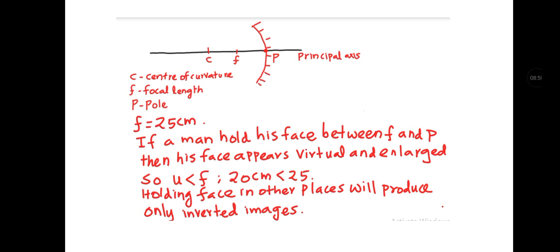So the only option is, the man should hold his face in between F and P. Then only the image will be upright and virtual. Then he can use the concave mirror for shaving his face. All the other places are not suitable for shaving.